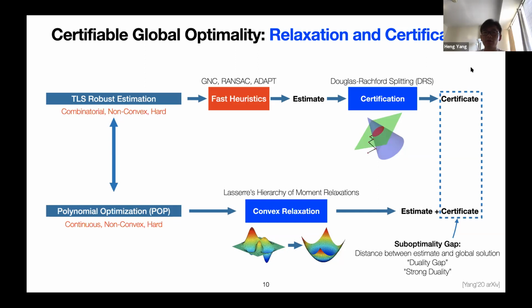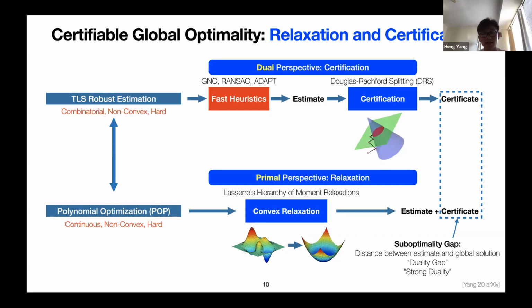And for a more precise view of these two lines of designing certifiable algorithms, the convex relaxation is the primal perspective, where we relax a non-convex problem directly and solve a convex problem. And the dual view is doing certification: given any result, can we claim something about this estimate?